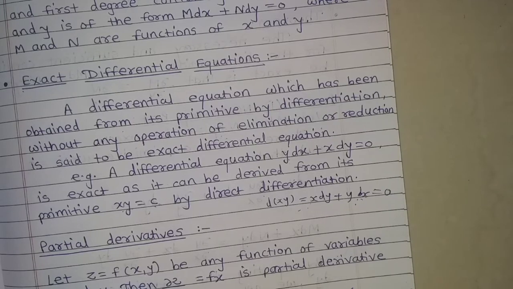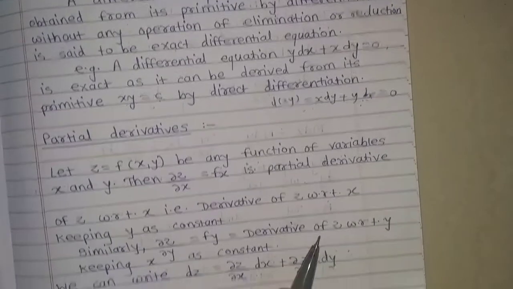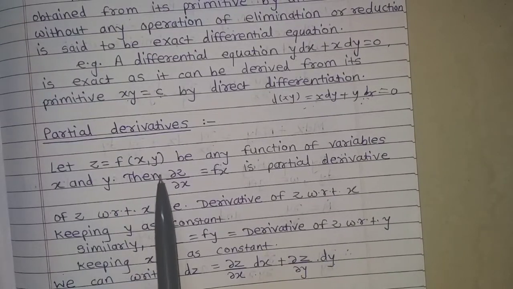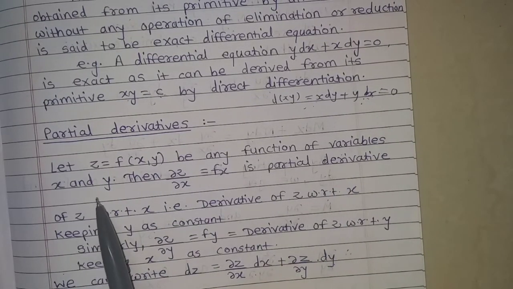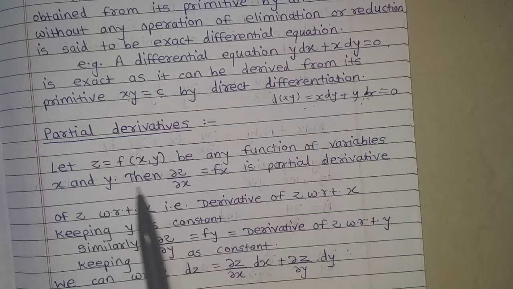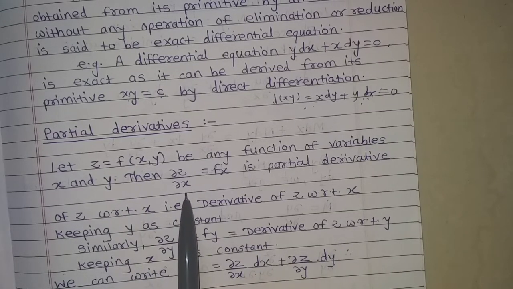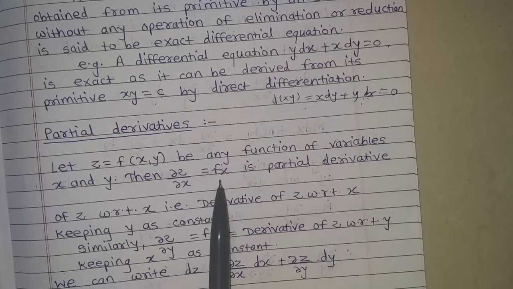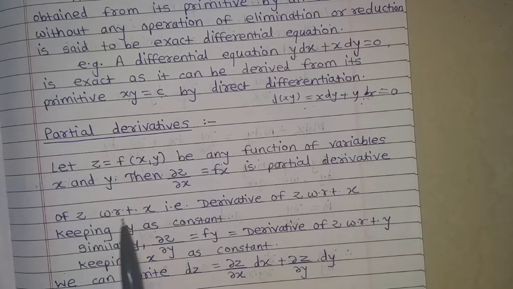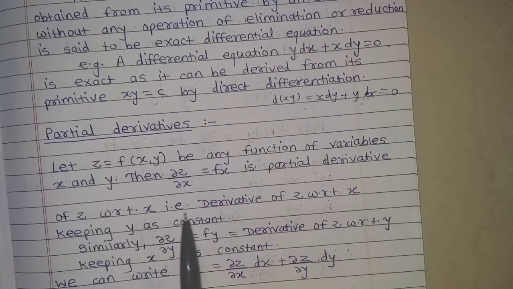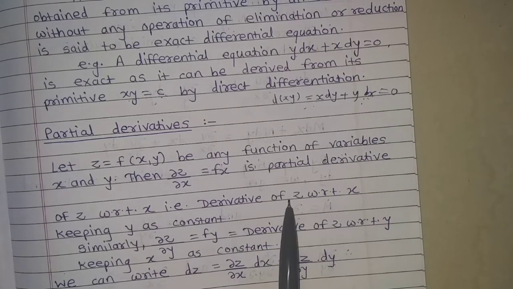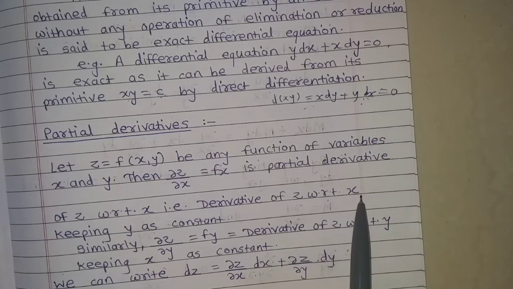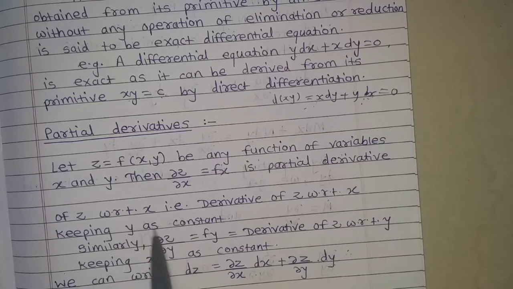Now we consider partial derivatives. Let z equal to f of x y be any function of variables x and y, then del z by del x equal to fx is the partial derivative of z with respect to x. That is derivative of z with respect to x keeping y as constant.